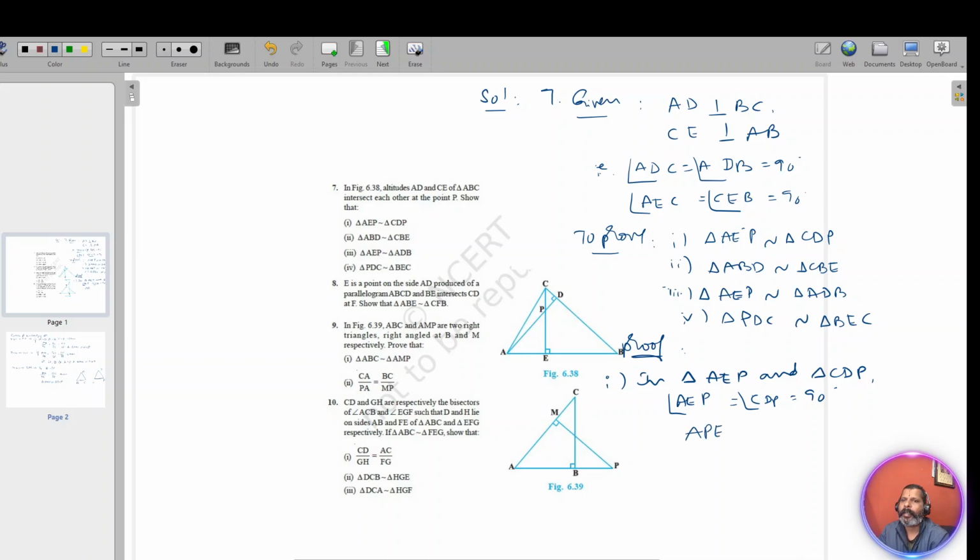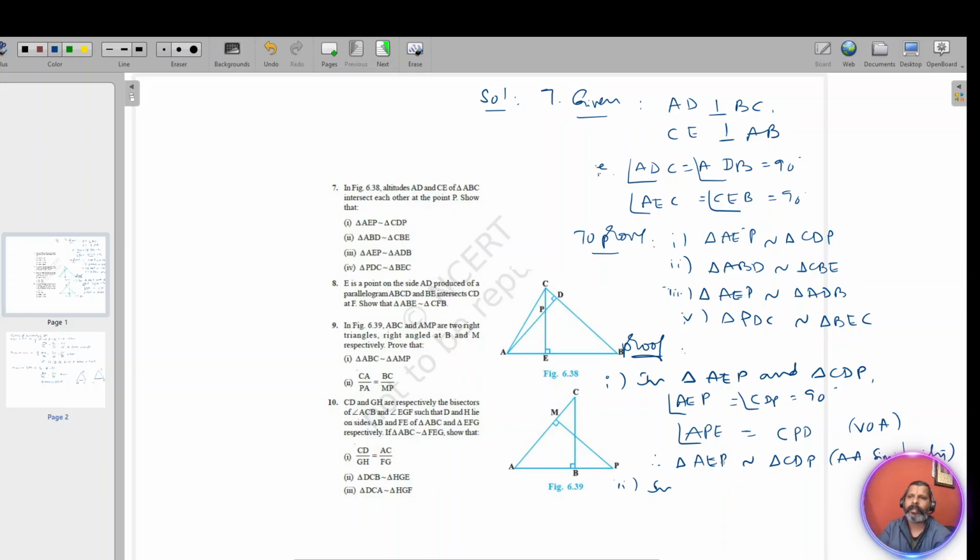APE equal to CPD. Why? Vertically opposite angles. We are done by AA criteria. Observe AEP and CDP: P is the vertically opposite angle. In AEP, one angle is 90. In CPD, one angle is 90. Therefore, we conclude triangle AEP is similar to triangle CDP by AA similarity.